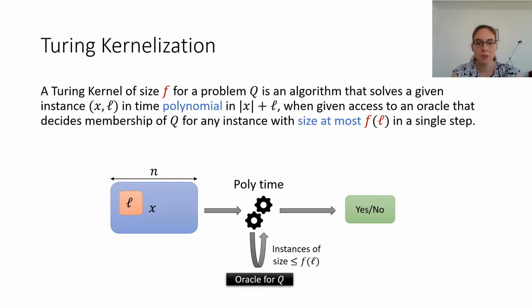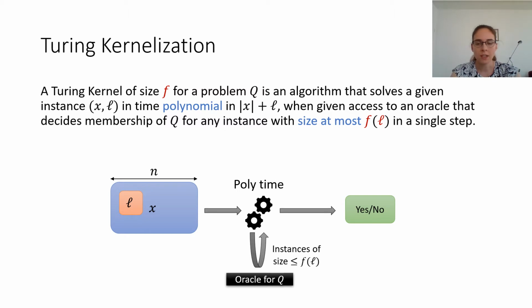Okay, so a Turing kernel is a polynomial time algorithm that solves the problem when it's given access to an oracle that actually solves instances of your problem, as long as these instances are small, meaning that they have size bounded by some function of the parameter, and this function is also the size of the Turing kernel.